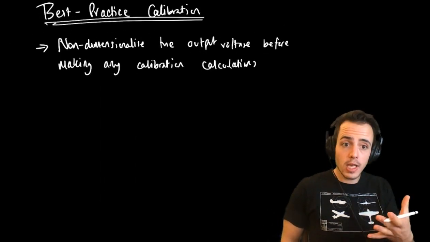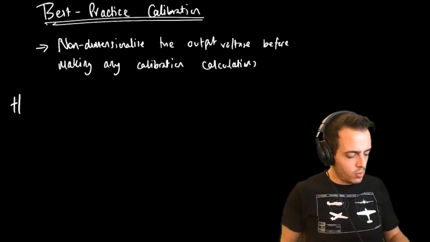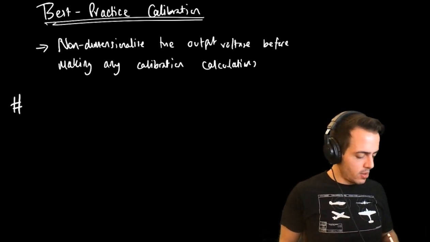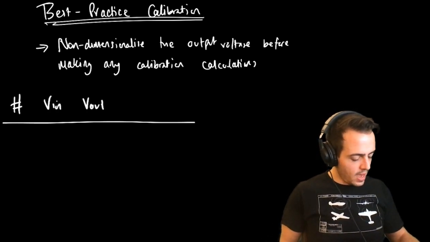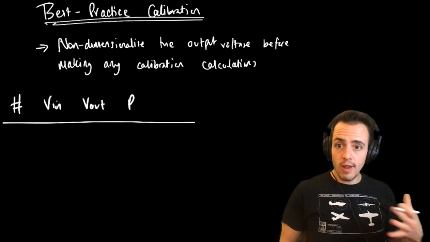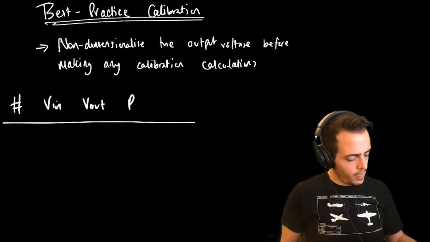So if we are recording things as we're going along, we record a number of readings as we're doing our calibration. We'll measure the inputs, we'll measure the outputs, and we'll measure whatever pressure we're supposed to be recording.